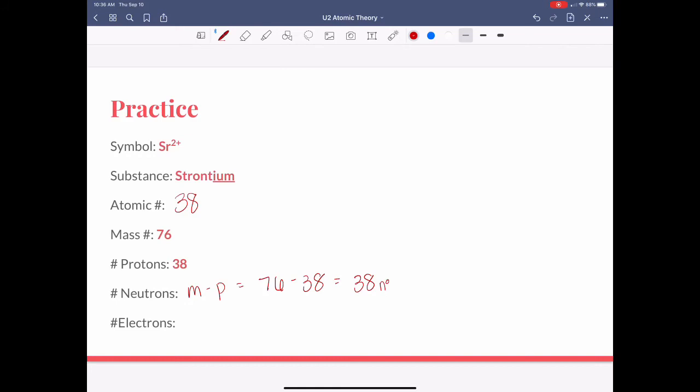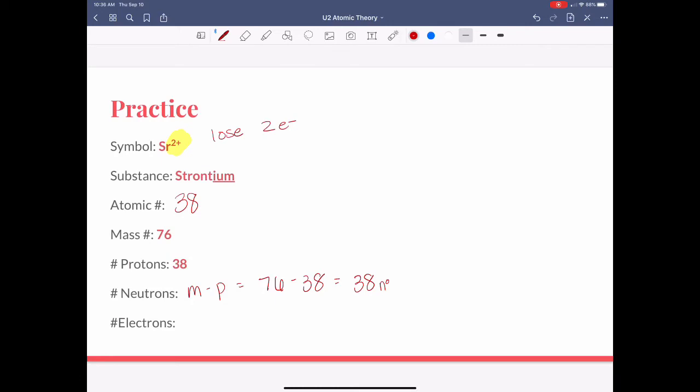All right, and then we're taking a look at electrons. So I look up here and I see that I have a +2 charge. Well, in order to be positive, did you gain or lose negativity? You would have had to lose the negativity in your life, right? So how much negativity did I lose? I lost 2 electrons. I lost 2 people of negativity.